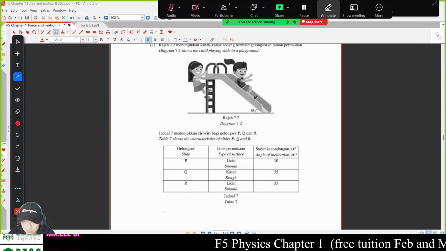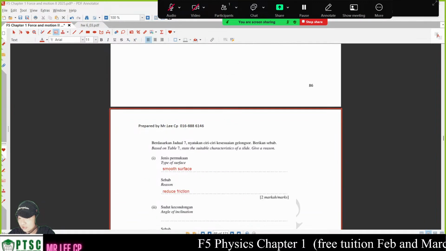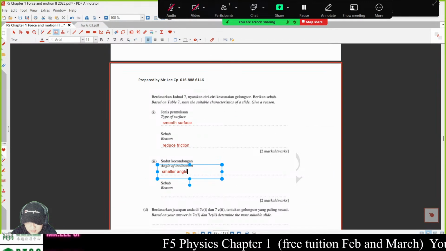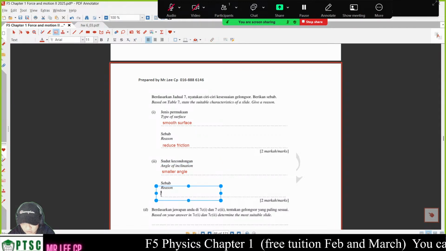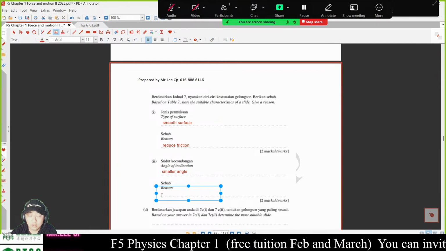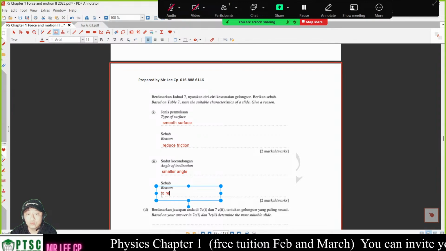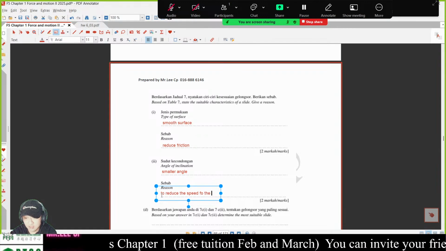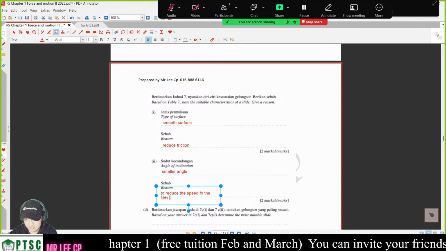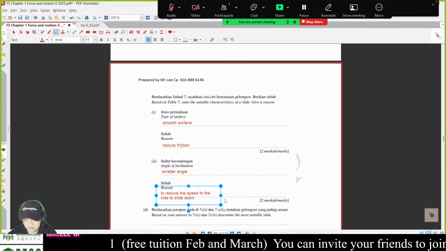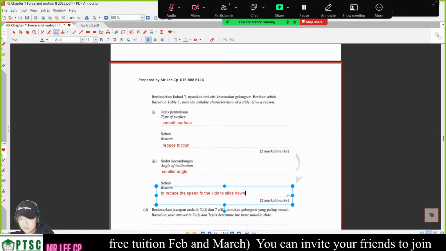You don't need to answer 10 or 35. Smaller angle. Alright. So to reduce the speed of the kids sliding down, so it won't be that fast.